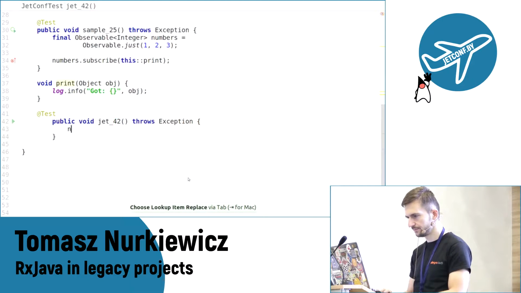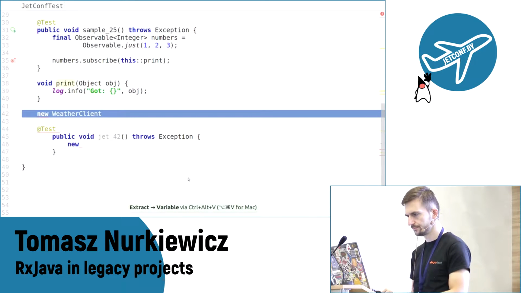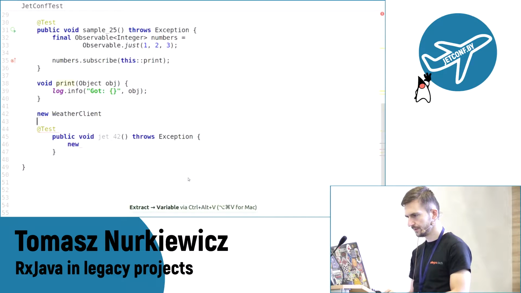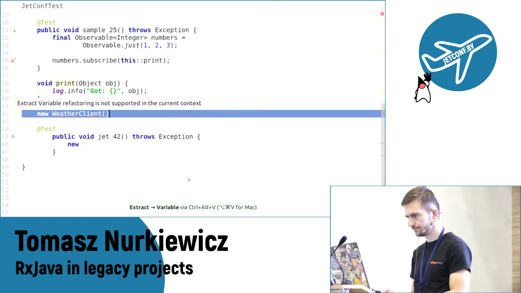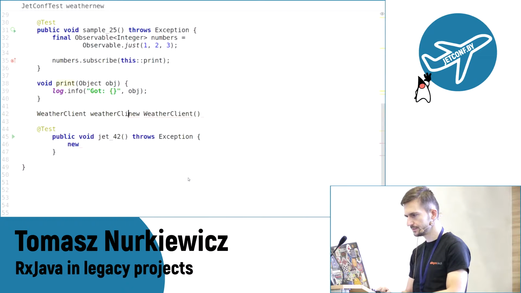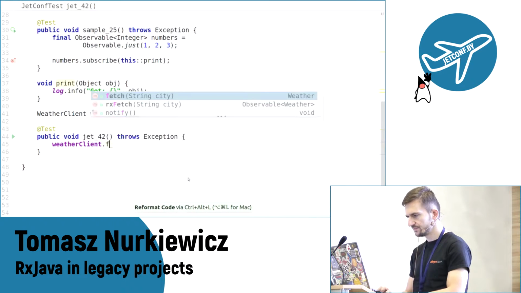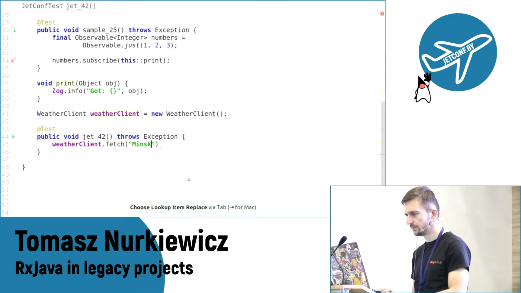All right, so I have new weather client. Just assign it here. Weather client, so much typing. All right, and I'm going to call weather client. And let's first call it with the normal method, the one that was blocking.